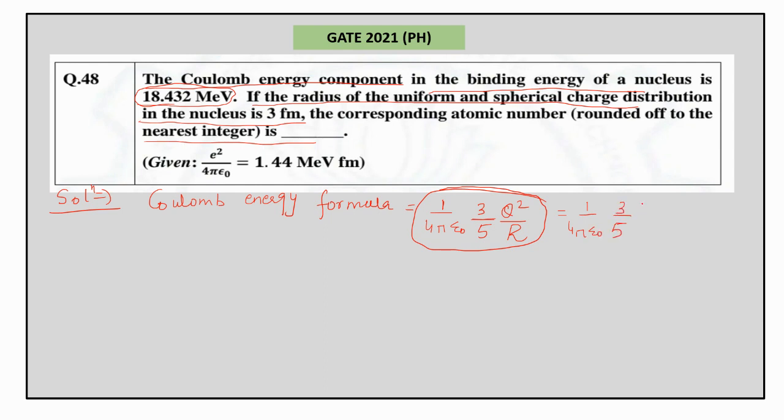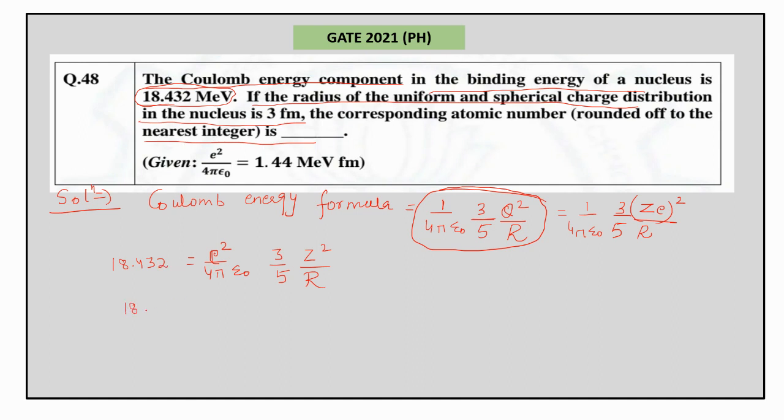So you can write q square, q is equal to Ze, right? Upon r. So this is 1 upon 4 pi epsilon naught, e square, 3 by 5, Z square by r. Okay. And this Coulomb energy value is given to us, 18.432.